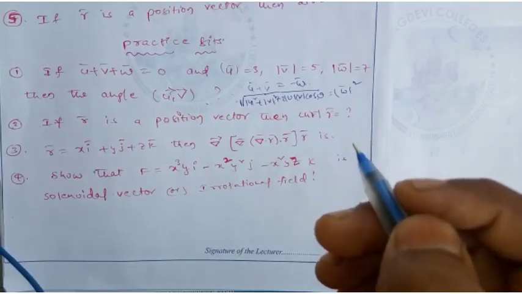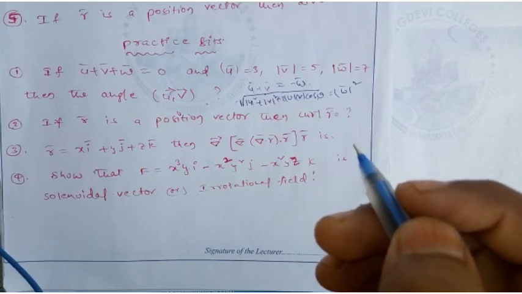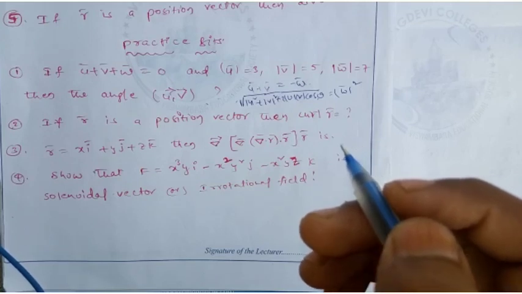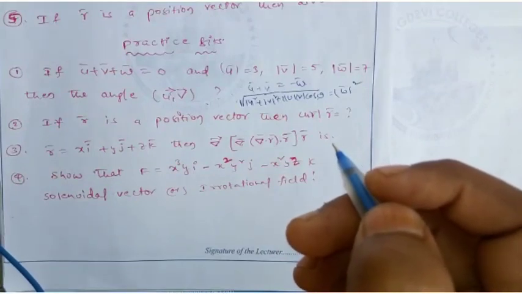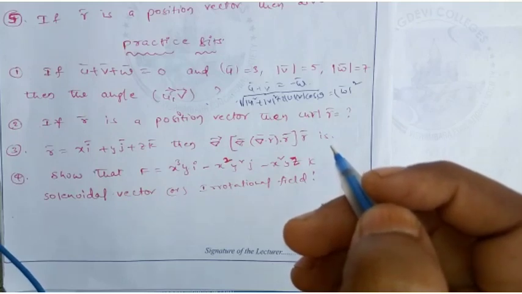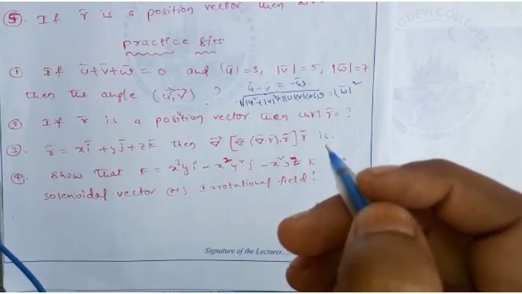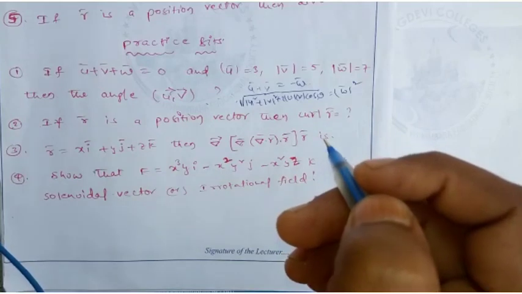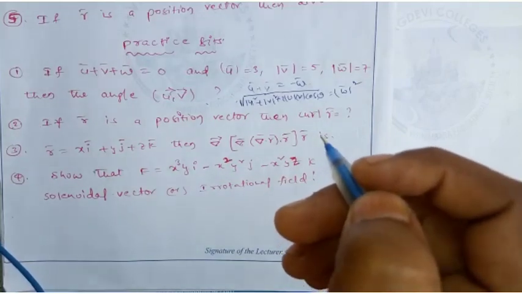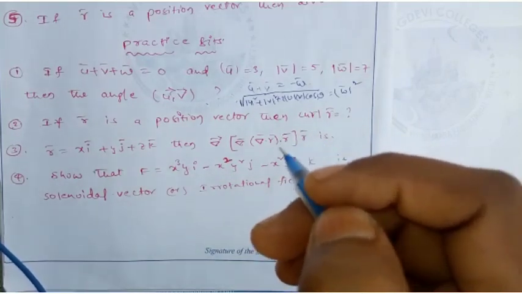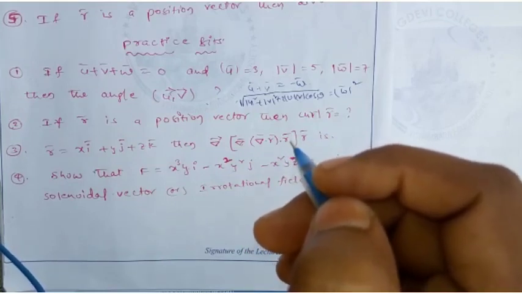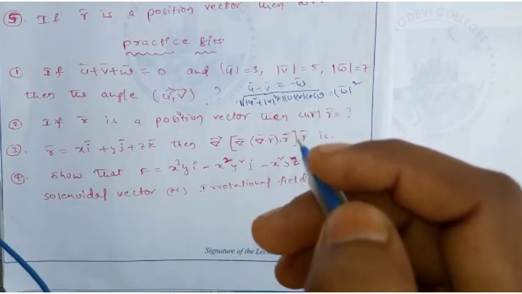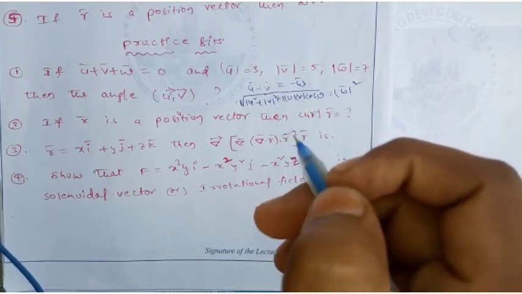And the third question is, if r is xi plus yj plus zk, then del operator of del dot r dot r whole dot product r. So you can find the inner bracket, that is del dot r, you will get as 3, then apply it to each term.